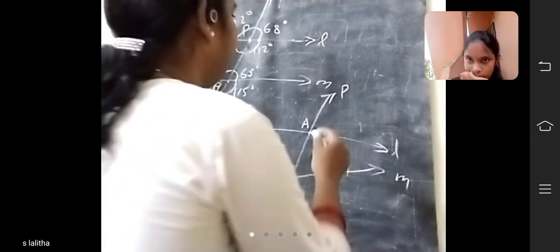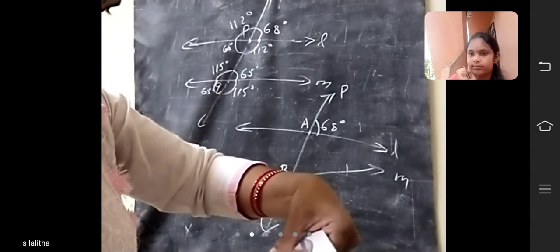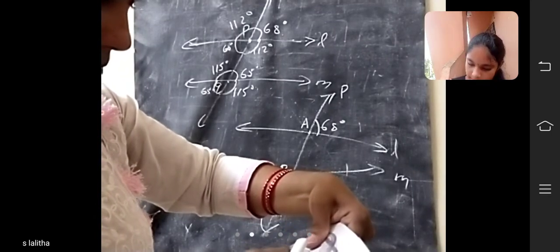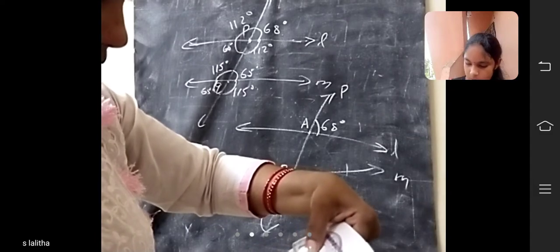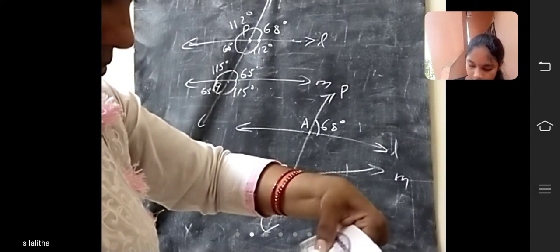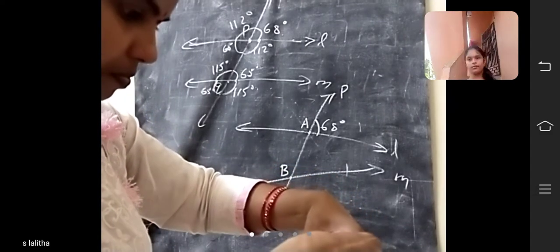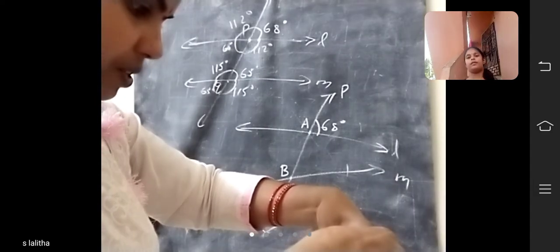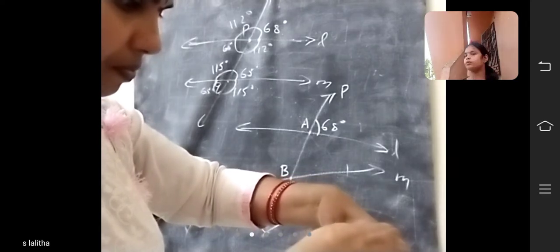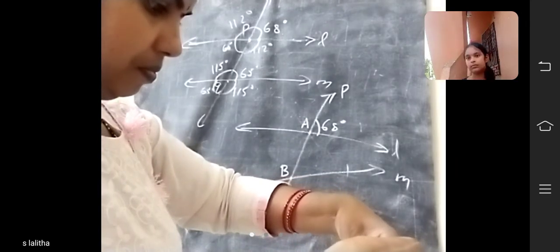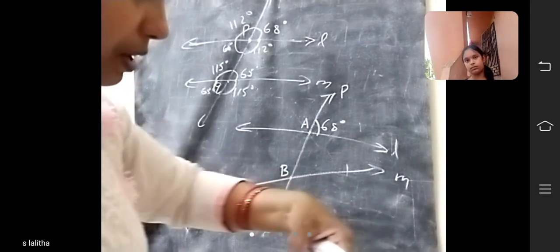68 degrees. 68 degrees. And this side? What is that angle we'll get? I think it is 70 degrees, not 68.